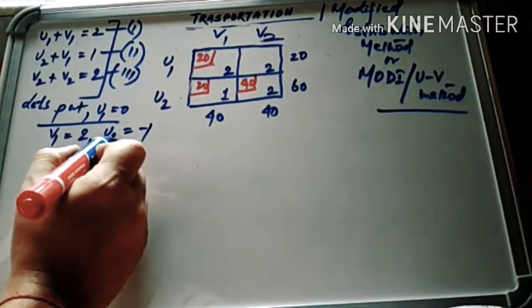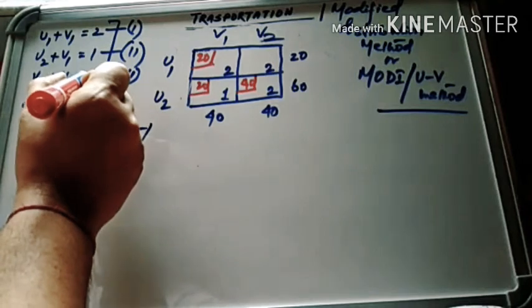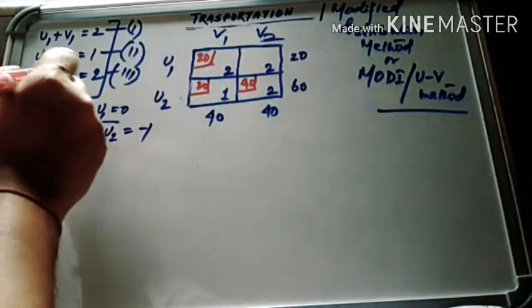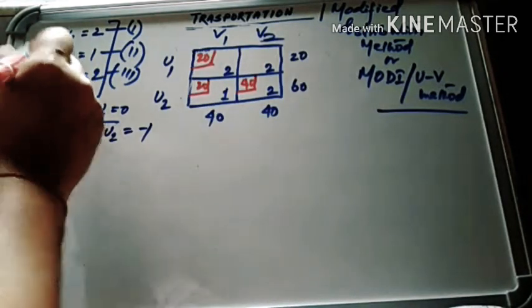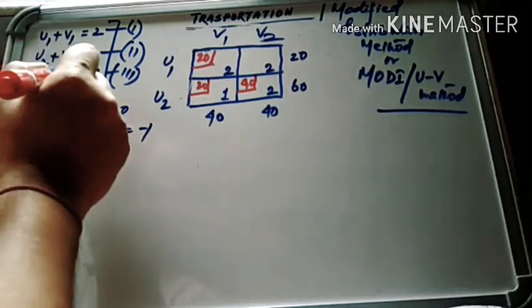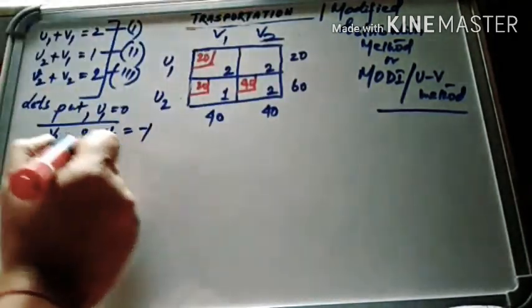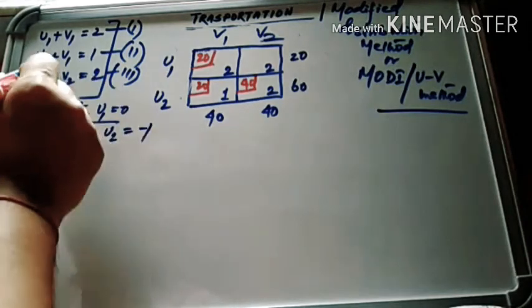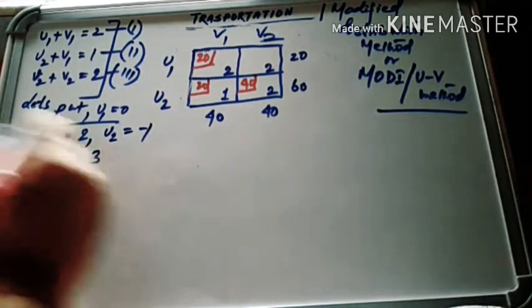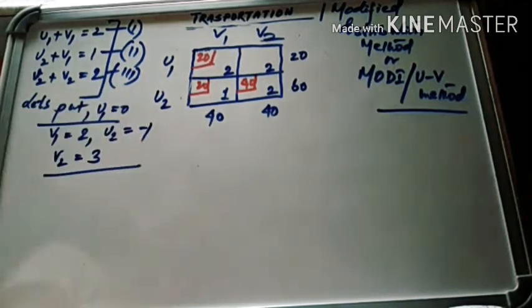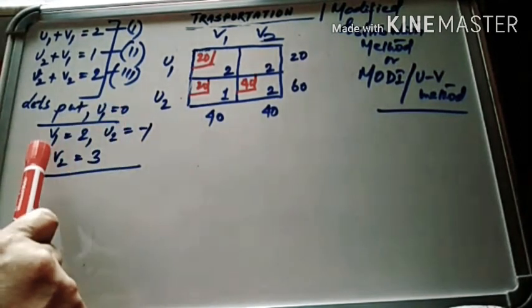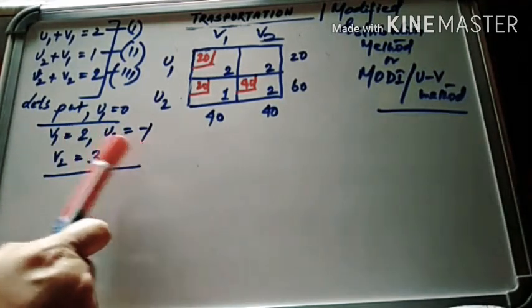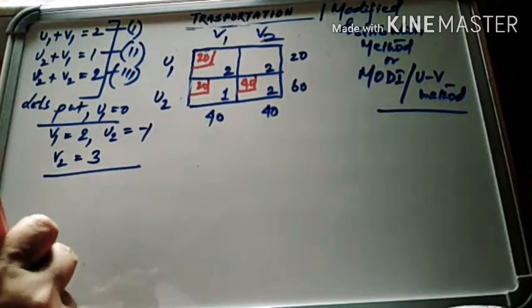U2 you have found; this one is U2 plus V2, and U2 plus V2 is 2, so V2 is equal to, U2 you have got minus 1, it goes over here, it gives you 3. Now you have all the 4 values: U1 equal to 0, V1 equal to 2, U2 equal to minus 1, and V2 equal to 3.